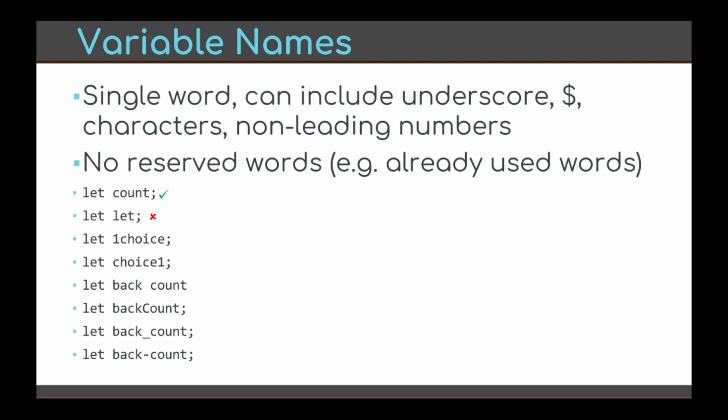No, it's not. What about choice 1? Yes, it is. All right. What about back count? No, it's 2 words. What about back_count? Yes. What about backCount? Yes. What about back-count? No, that's a dash. That's minus. That's subtraction. No.